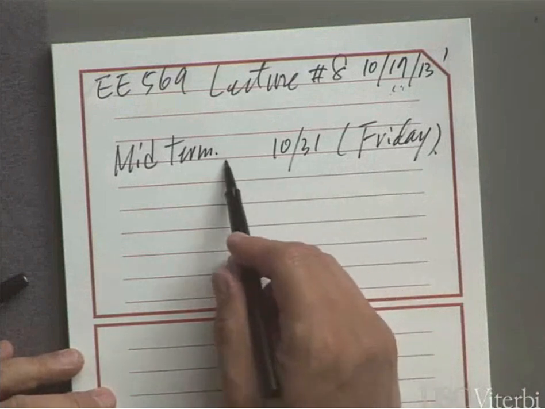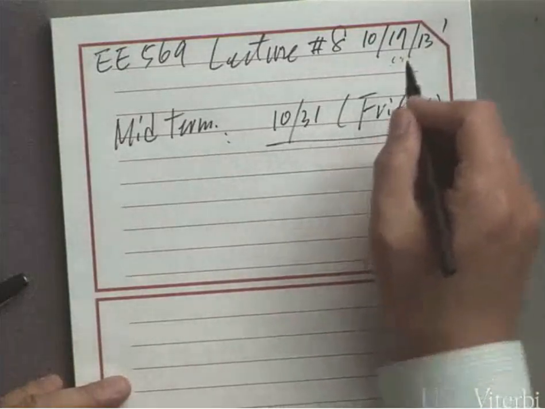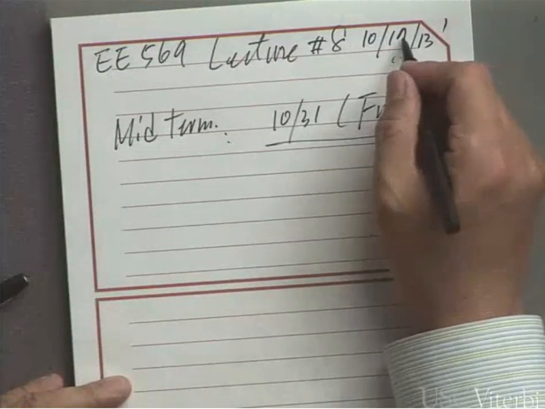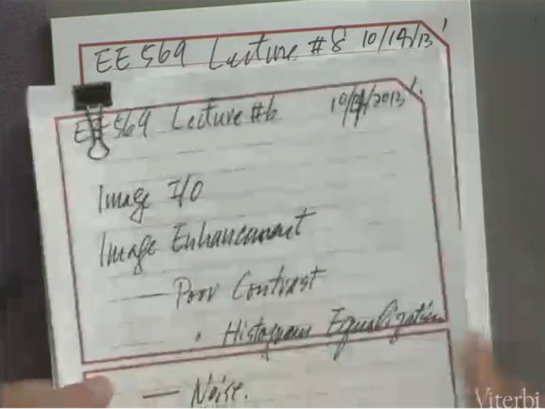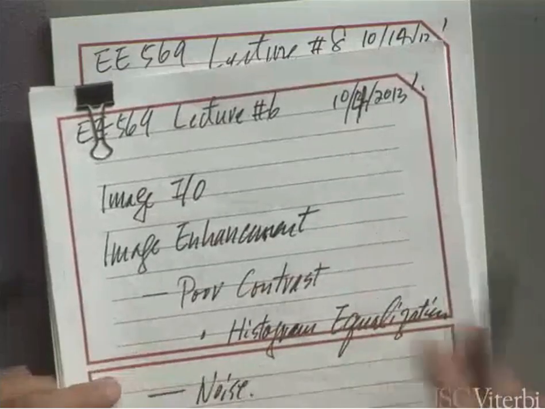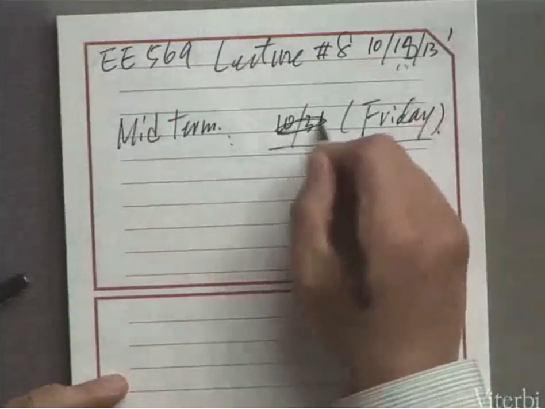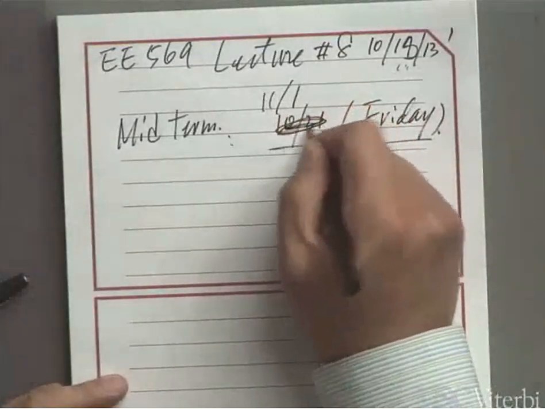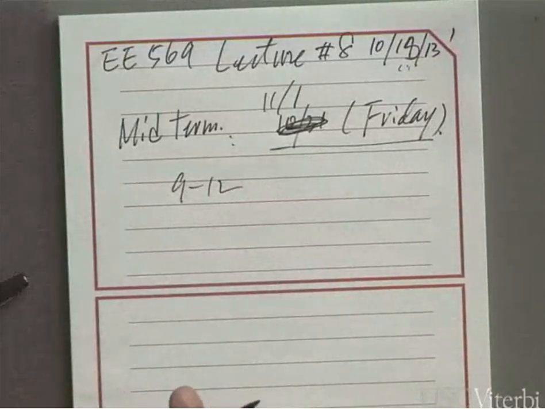Is this right? No, it's November 1st. And today is the 18th? And so last time I made a mistake. So this should be the 4th. So I made a mistake. So this is not 3rd, it's 4th. And this is 18. Okay, so it's from 9 to 12, just during the class hours.